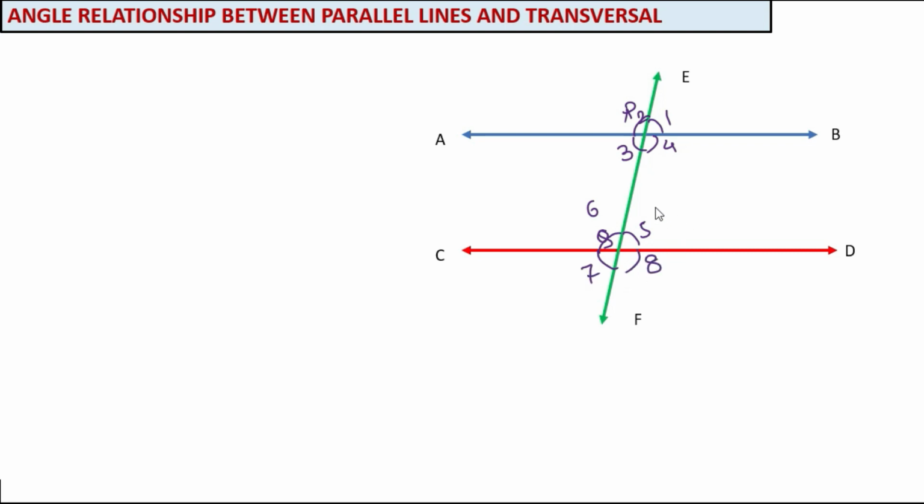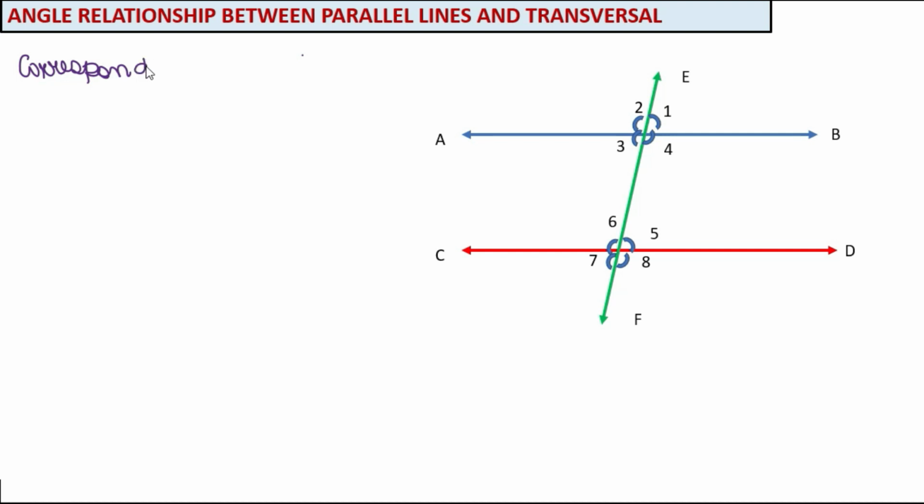Now, as these angles are formed, depending on the position of the angles, we name them differently. Let's have a look at the angles. First of all, corresponding angles. I am not going into the detail of why it is a corresponding angle. A detailed video has already been uploaded on the channel. If you want, you can refer to the video.